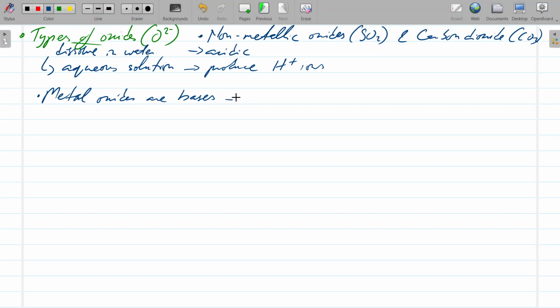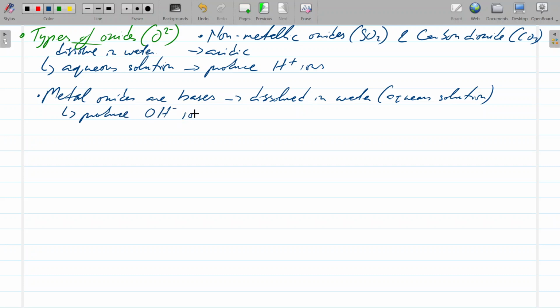And so if these are dissolved in water, you make an aqueous solution of them, and they will produce hydroxide ions. An example of this is calcium oxide, or copper 2 oxide.